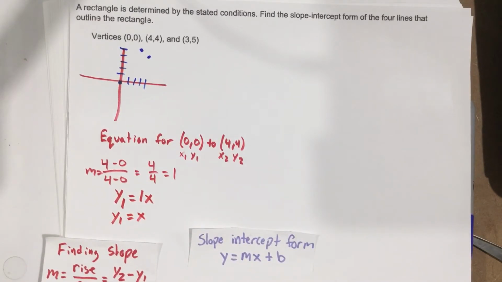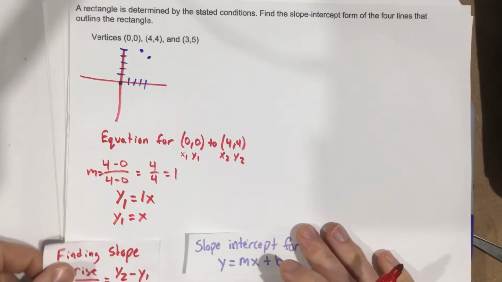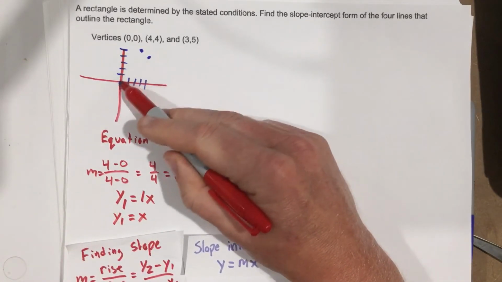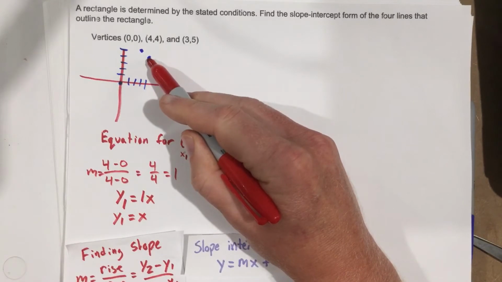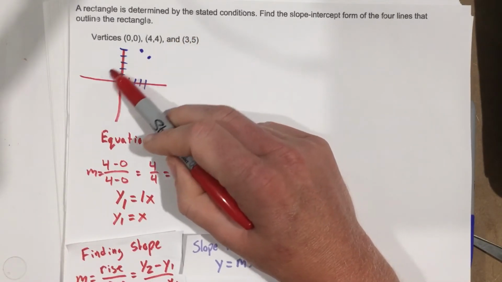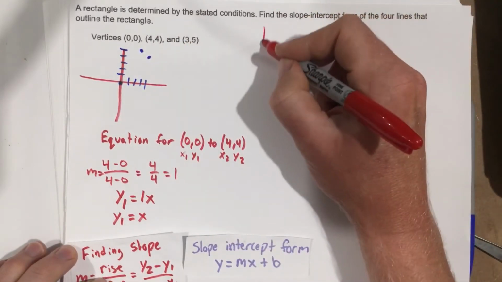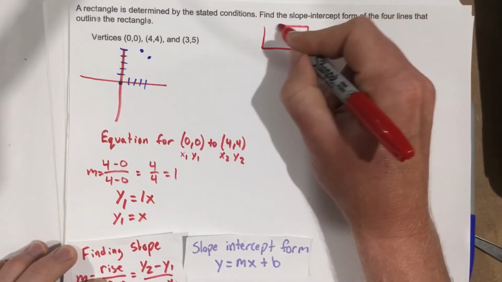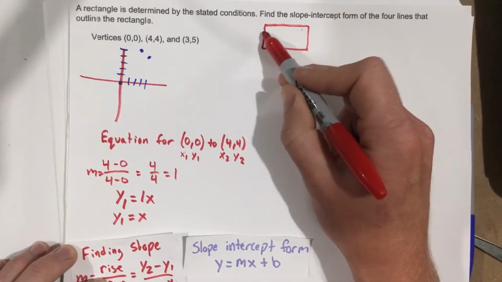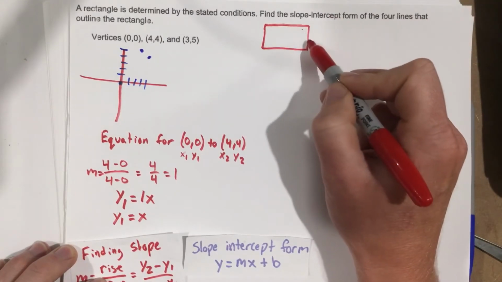Now the key here is if this line is part of a rectangle, then we have another line that is exactly parallel. Remember, whenever you make a rectangle, you have 2 lines that are parallel, top and bottom, and 2 lines that are parallel side to side.